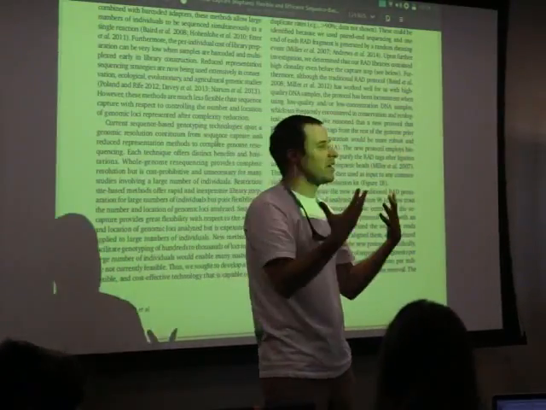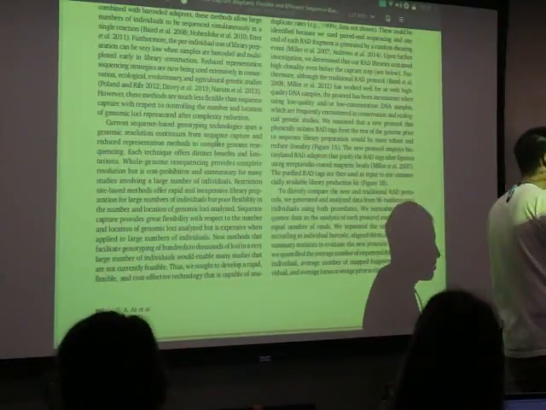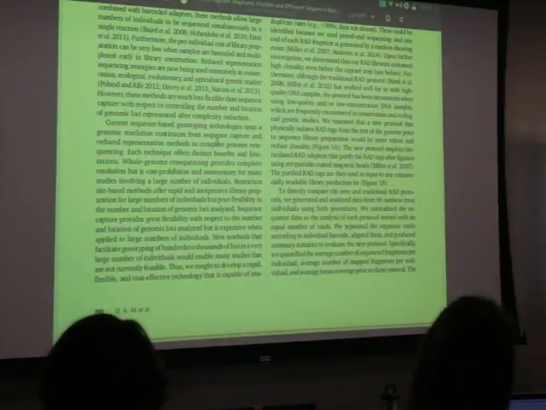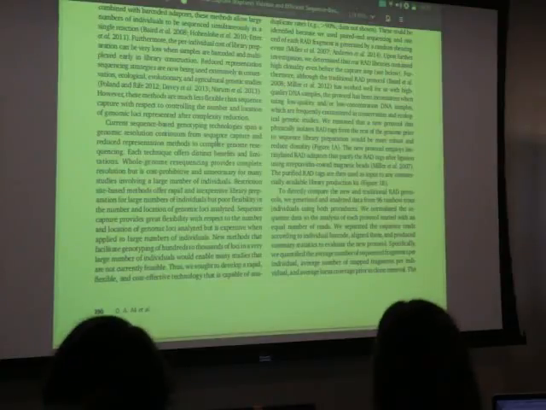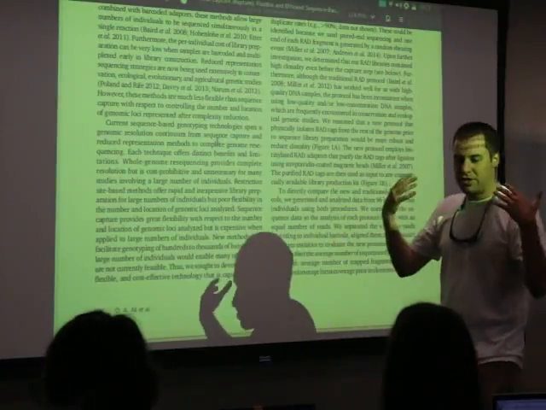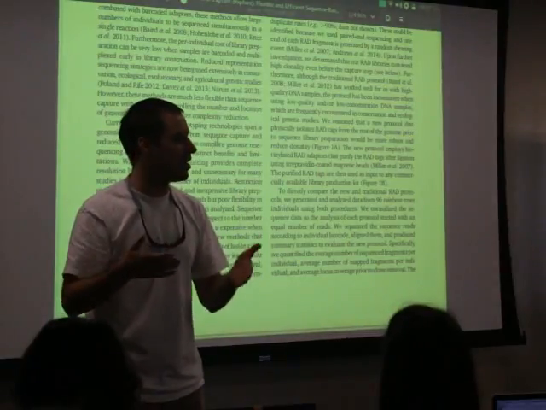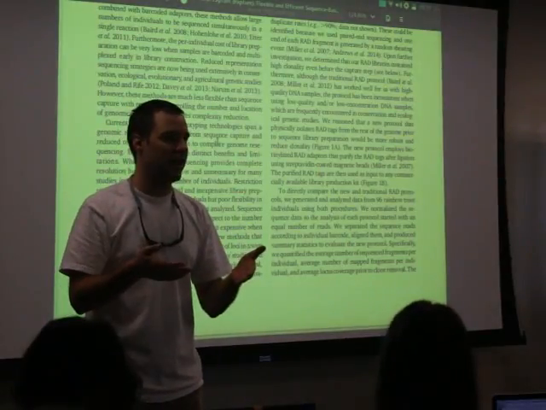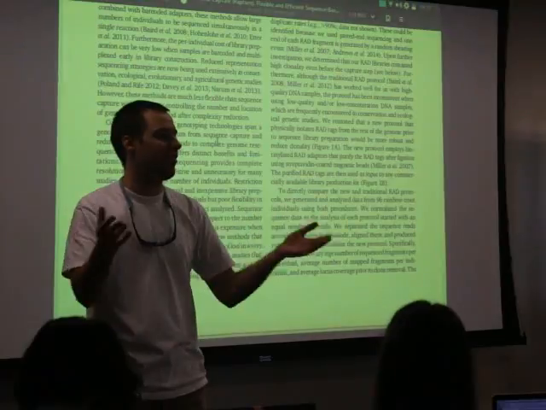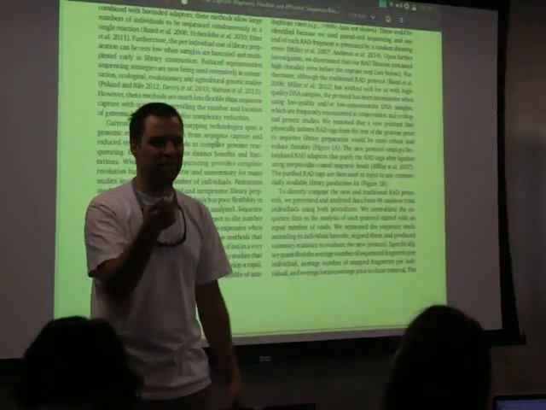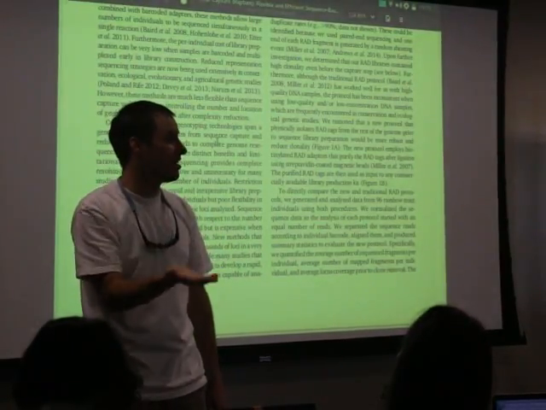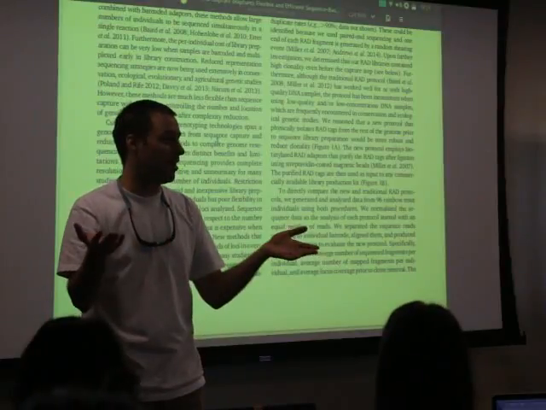And for different questions, you need different amounts of data. So if money didn't matter, there is no reason to not sequence the entire genome of every individual, because even if you sequence the entire genome of every individual, you can just look at a small subset. You can look at one locus, one site from that data.